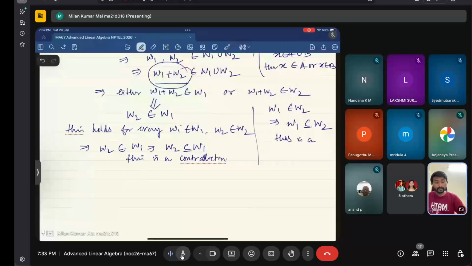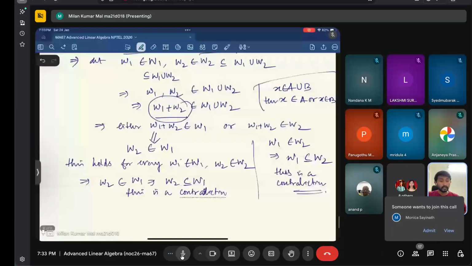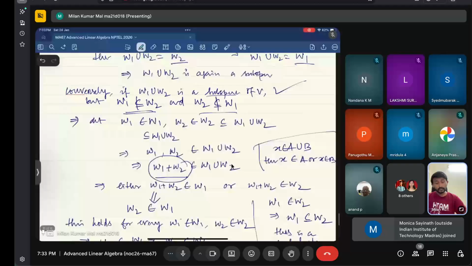Okay, so this contradicts the fact that W2 is not a subset of W1. We have assumed that W2 is not a subset of W1, and here we have assumed that W1 is not a subset of W2, but this is what we are getting. So there is a contradiction. So if we assume this is a subspace, then at least one of them has to be a subset.